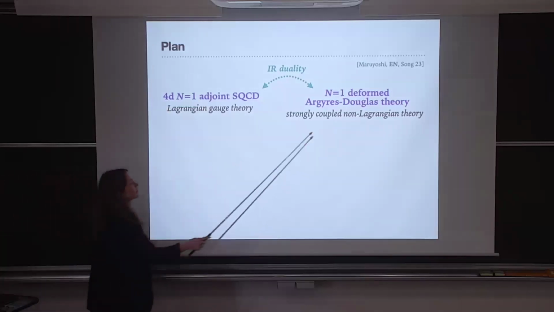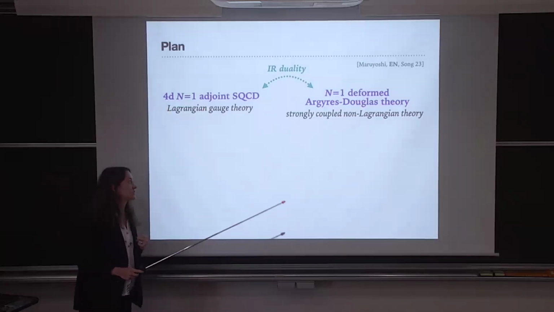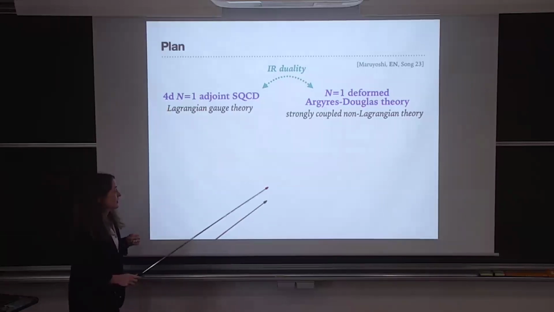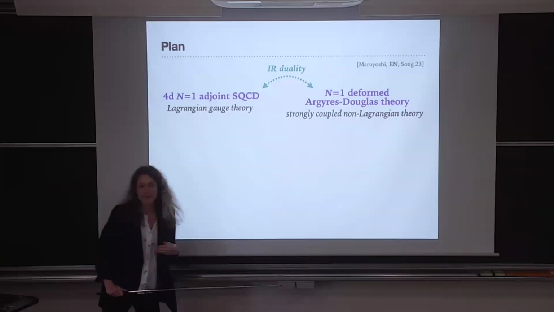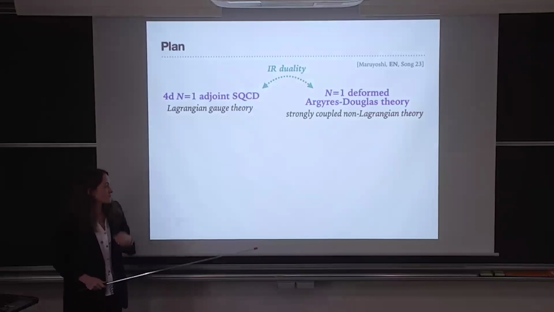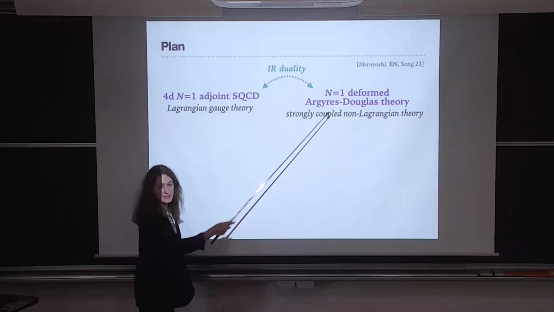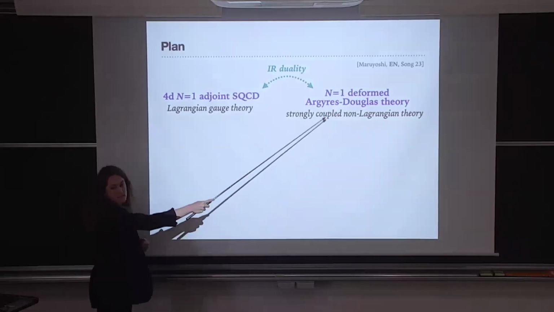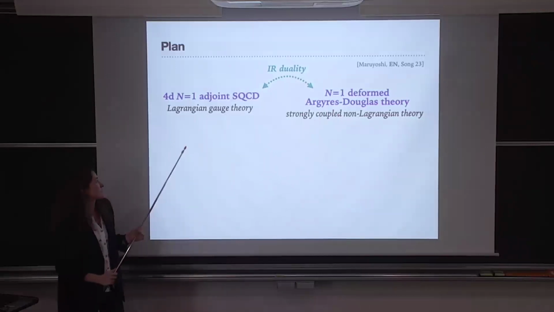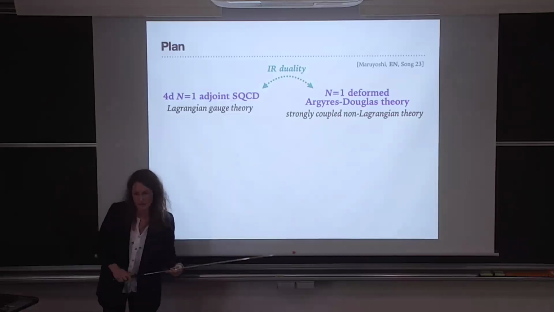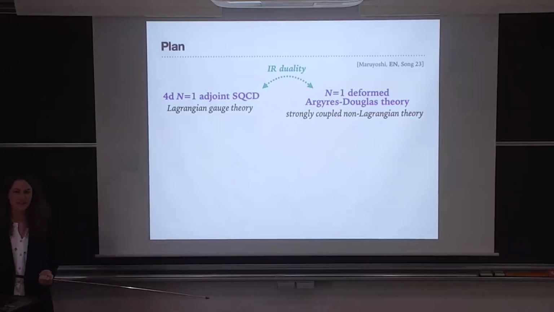And on the other hand, one of these inherently strongly coupled, quote unquote, non-Lagrangian theories, which is related by RG flow to one of these so-called Argyres-Douglas theories, which are N=2 theories. We're going to do some deformation that flows to an N=1 fixed point, and we're going to argue that this fixed point that this class of theories flows to is the same fixed point that this class of Lagrangian gauge theories that are cousins of QCD flow to. And so then I'll tell you more details about this side of the duality, but that's the punchline.